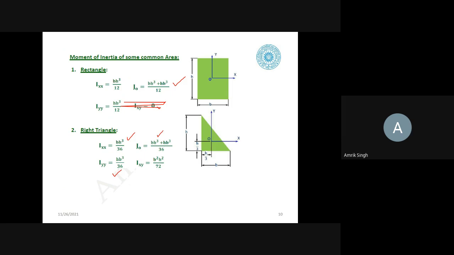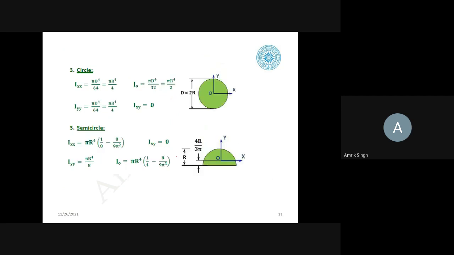We add, so this will be the polar moment of inertia, and this will be the product moment of inertia. Similarly for the circle and the semicircle, because it passes through O, Ixy is 0, and this is the algebraic sum of Ixy.